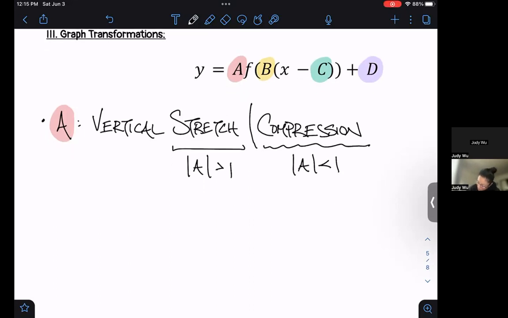It also does something else. If A is negative, that would mean that there's a reflection over the x-axis.